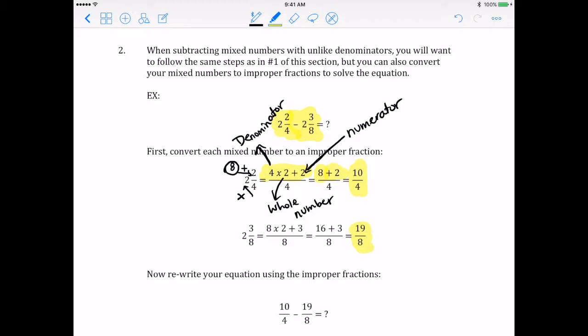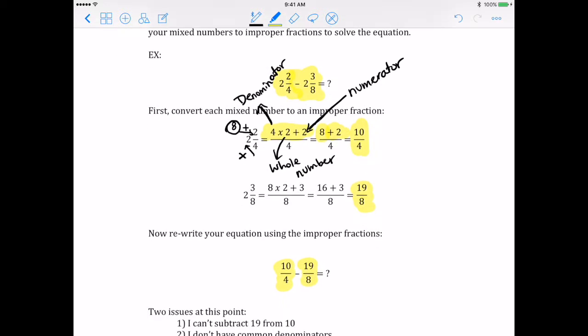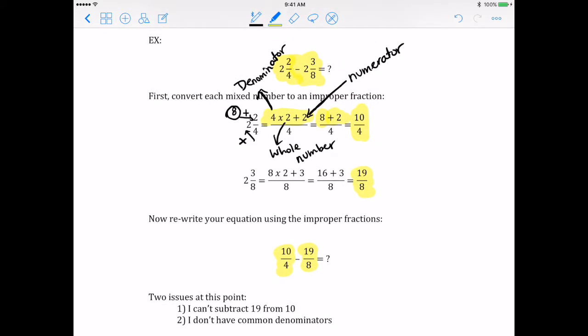Now you're going to rewrite your equation using the improper fractions. So now you have 10/4, which was from the first mixed number, and 19/8, which is from the second mixed number. Okay, so we have two issues at this point. Number one, I can't subtract 19 from 10.